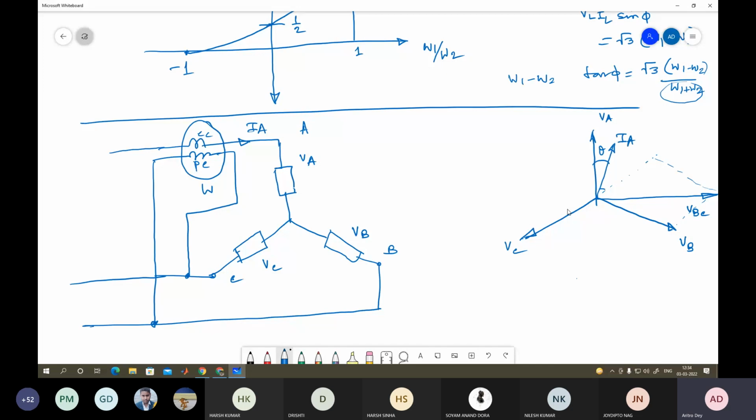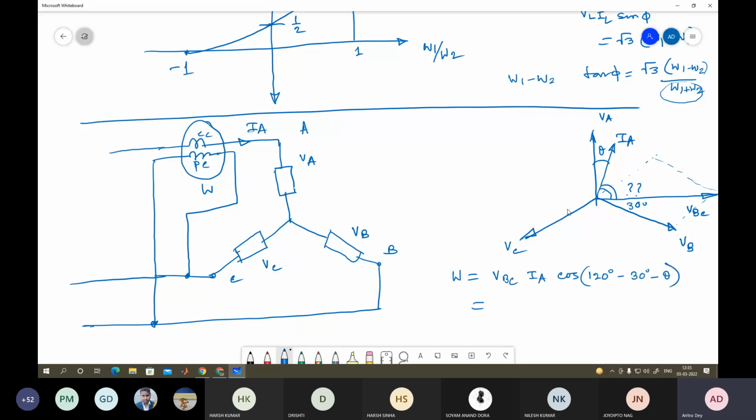So now what is this angle? This is 30 degrees, right? Once you do the phasor sum when it is balanced, this is 30 degrees. So what is the difference between IA and VBC? Your wattmeter reading W will be equal to VBC into IA into cos of 120 minus 30 minus theta. Am I correct?